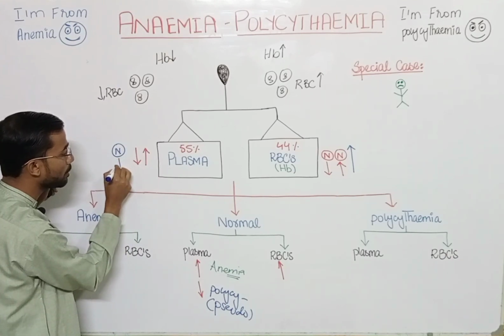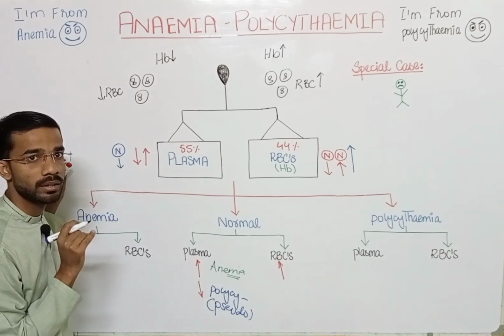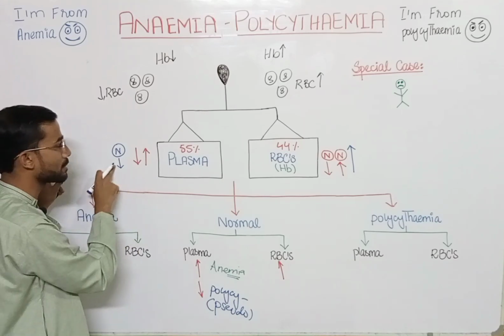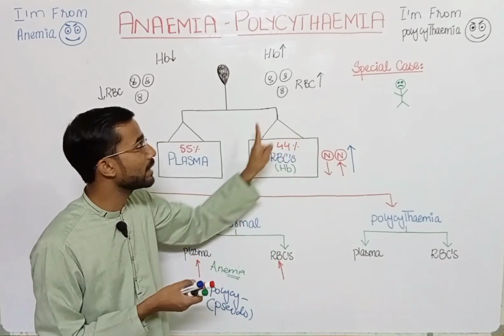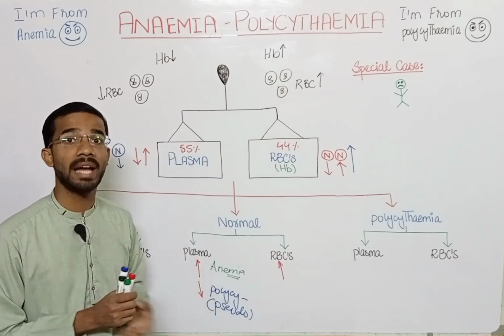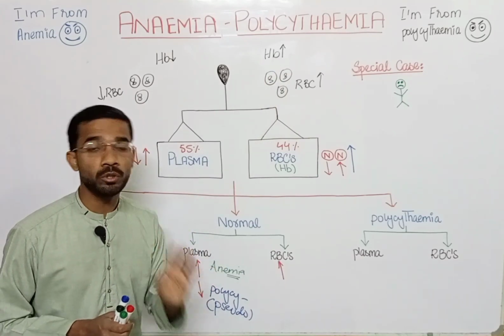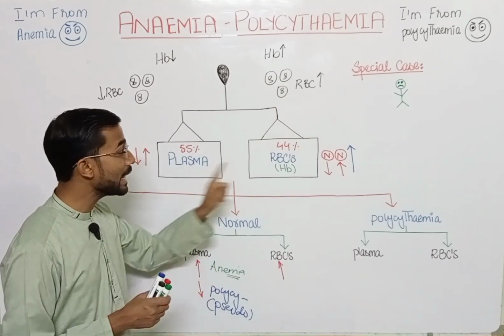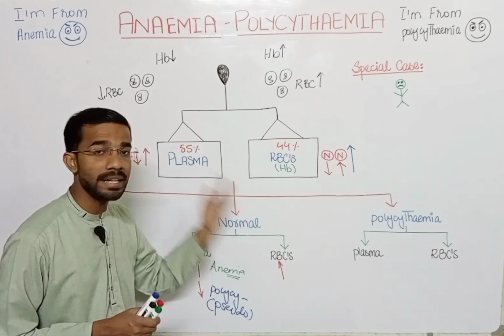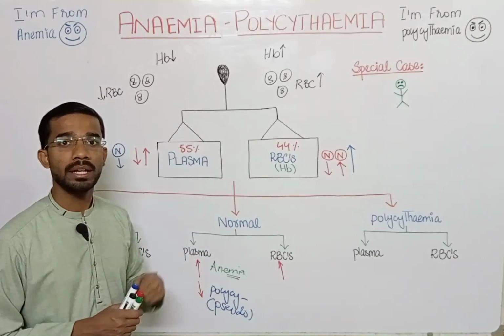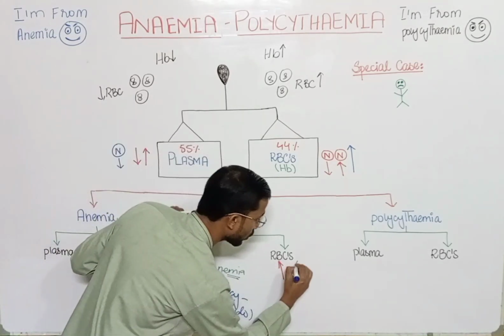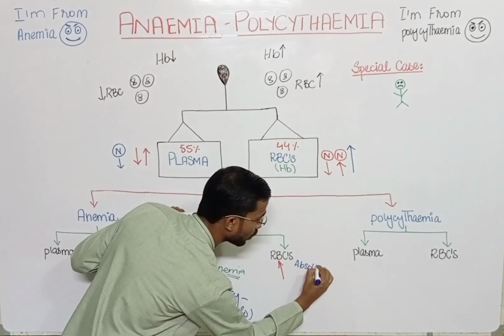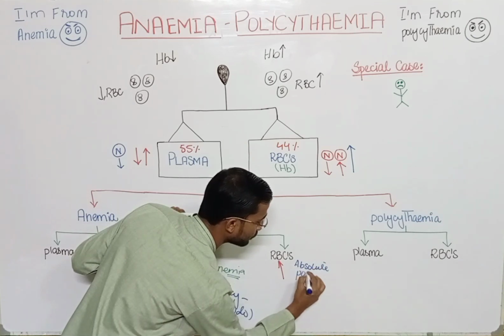Even though the plasma is normal, the condition goes toward polycythemia, and it is absolute polycythemia. Why? Because in reality the RBC number has increased. So this is absolute polycythemia.